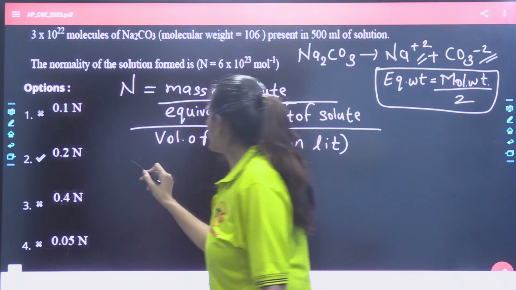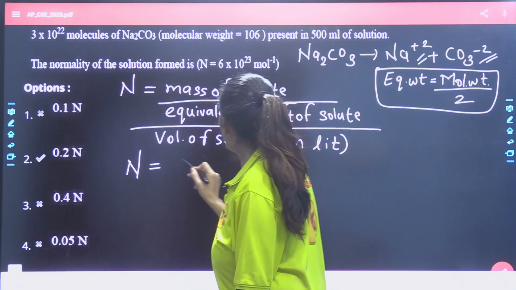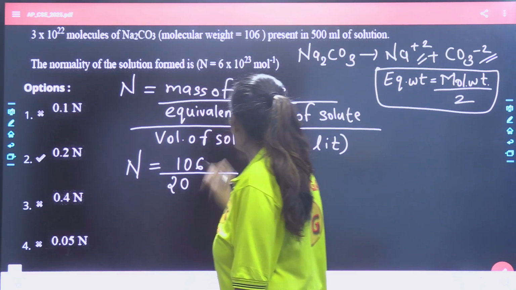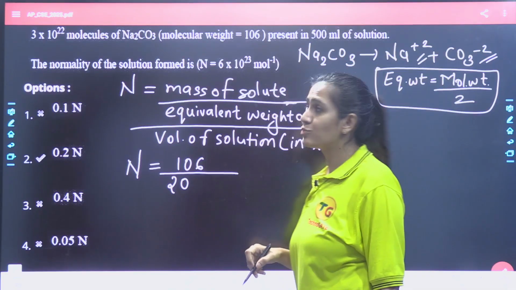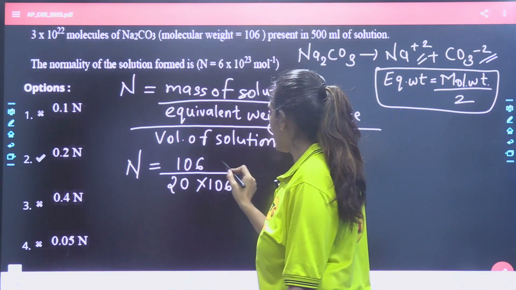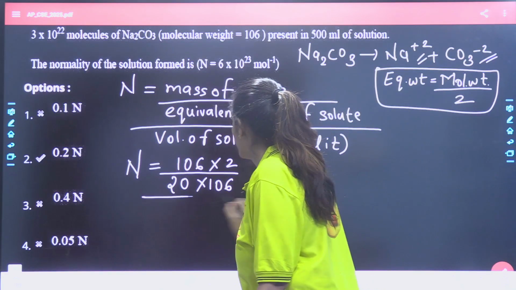Let's put the values. The mass of solute we found is 106 by 20. The equivalent weight of the solute is 106 divided by 2, that is its valency.